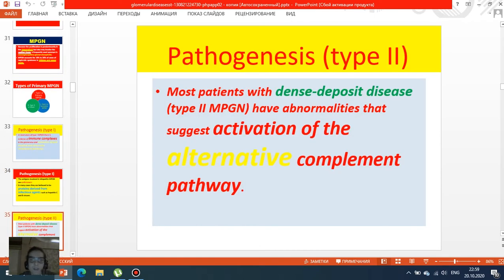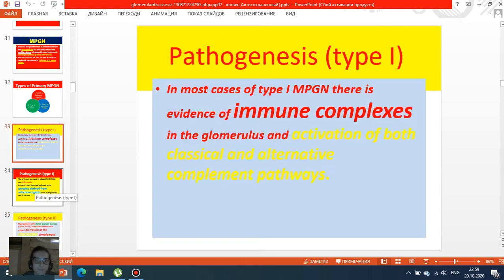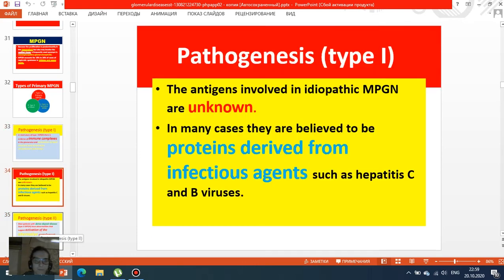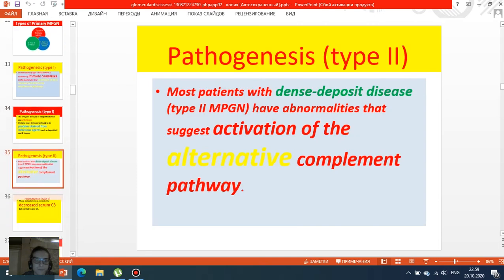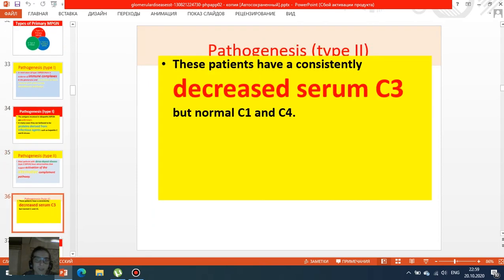Most patients with dense deposit disease, type 2 mesangial proliferative glomerulonephritis, have abnormalities that suggest activation of the alternative complement pathway. These patients have a consistently decreased serum complement 3 but normal complement 1 and complement 4.